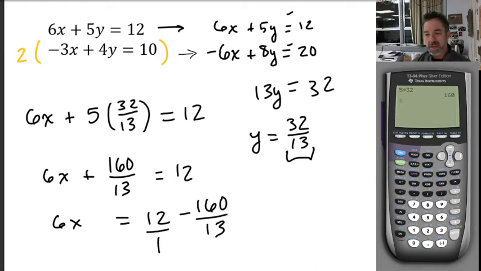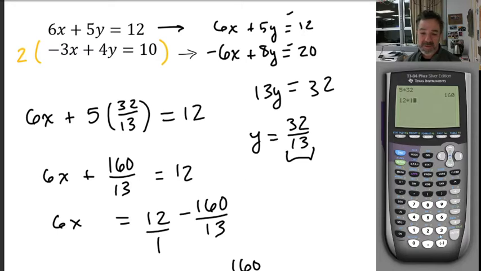So what I'm going to do is take this number 12 and multiply it by 13 over 13. I'm going to turn it into thirteenths. When I do that, the denominator becomes 13, which is what I wanted so that I could combine it with this minus 160. But let me do the arithmetic here. I've got 12 times 13.